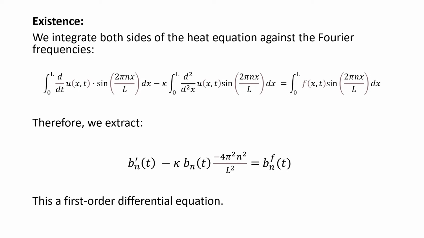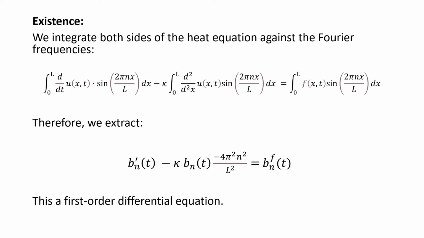That is true for all times t. And remember that multiplying against the Fourier sine modes and then integrating produces the coefficients. Each multiplied then with 2 over L, but this doesn't matter here.